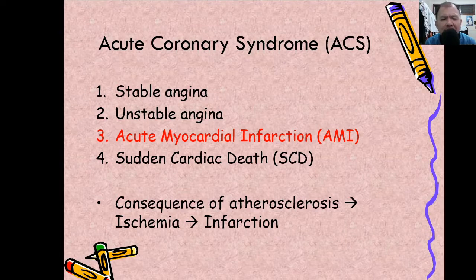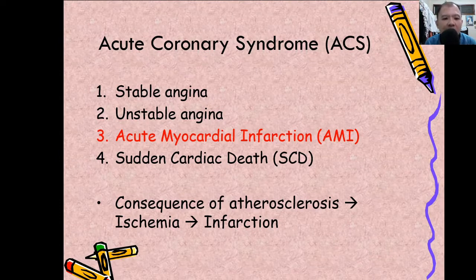Even at rest, the patient is having this chest pain. The third one is acute myocardial infarction, where the heart of the patient has diminished blood supply, leading to infarction, or poor blood supply of the heart.